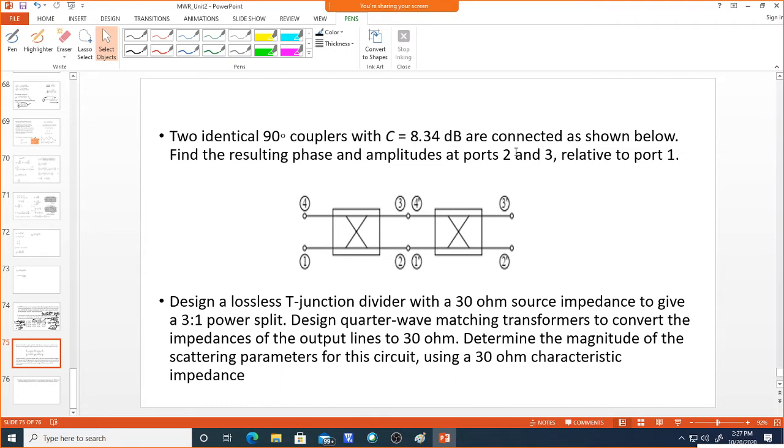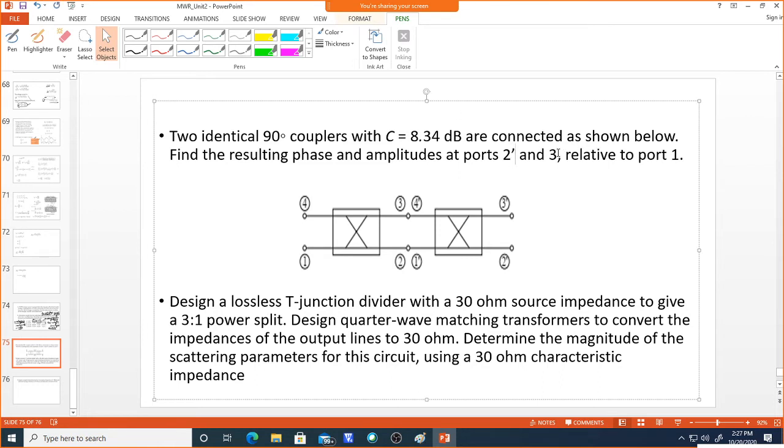Actually, these are 3 dash and 2 dash, so the final output you have to find is at 3 dash and 2 dash. The couplers are identical, with a coupling factor of 8.34 dB. So now you need to find the resulting phase and amplitudes.